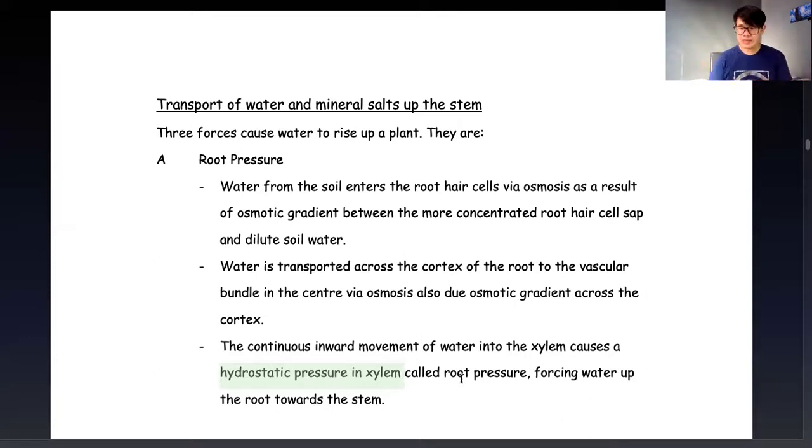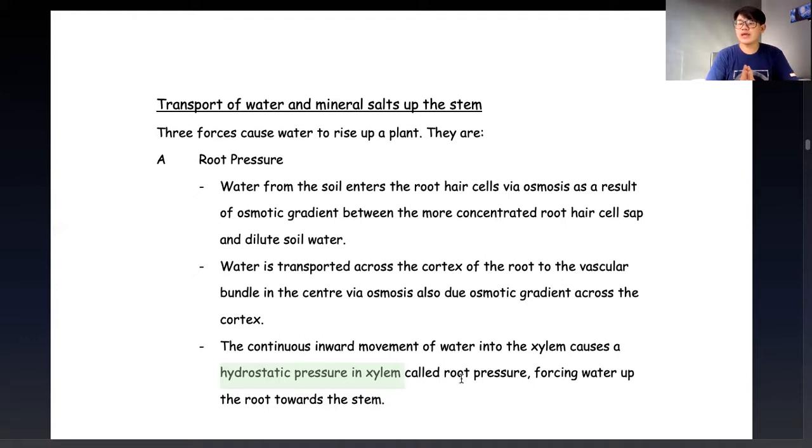That's how root pressure aids the movement of water through the xylem vessels in the stem. Because the water keeps coming in, the water molecules have nowhere to go. They can't go back out because more water is rushing in. They can't go down because it's the ground.